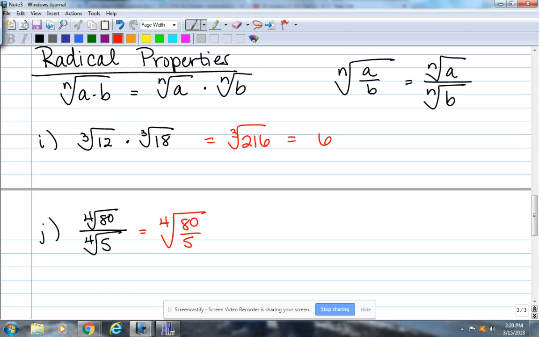And what is 80 divided by 5, somebody? 16. So there's the fourth root of 16. And what is the fourth root of 16? 2. Technically, it should be plus and minus 2, but I'm just going to leave it 2.